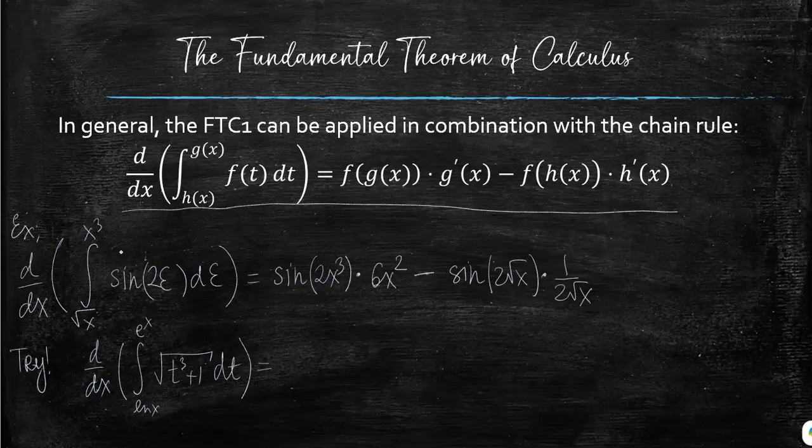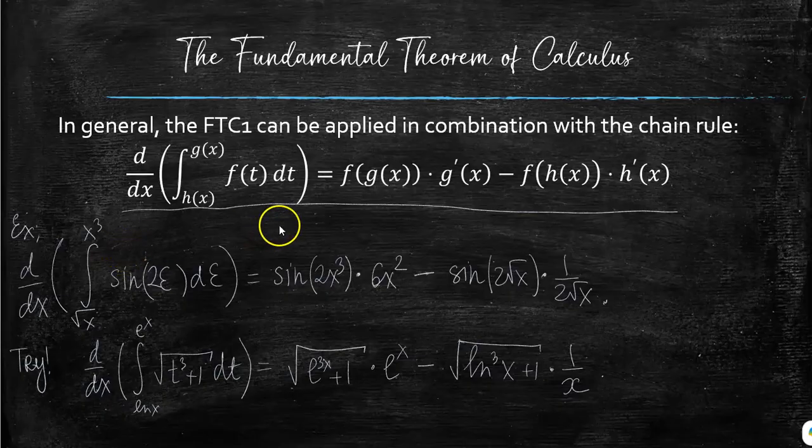According to this rule, the answer will be the evaluation of the integrand at the upper limit first times the derivative of the upper limit, minus the evaluation of this integrand at the lower limit times the derivative of the lower limit. And that's it. That's how we use the fundamental theorem of calculus, part 1.